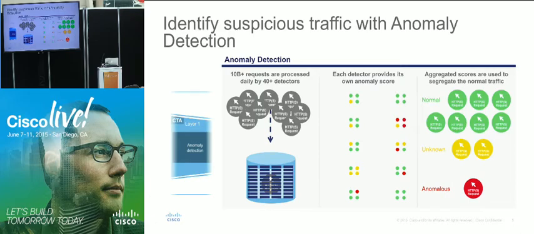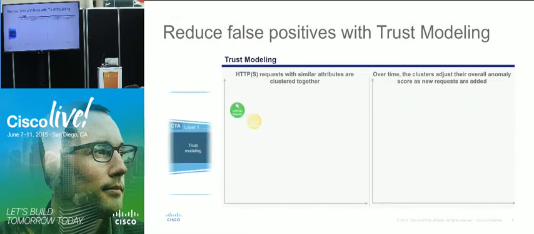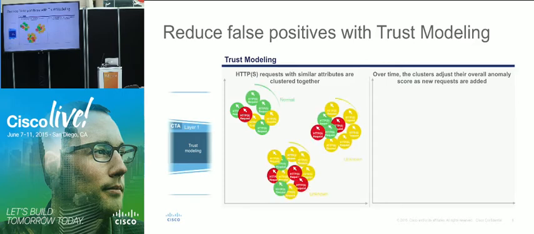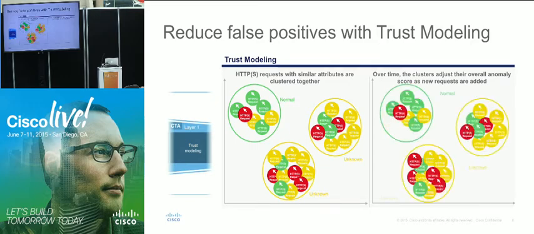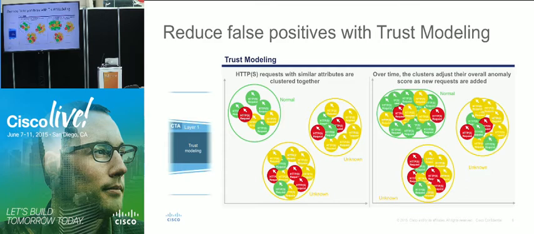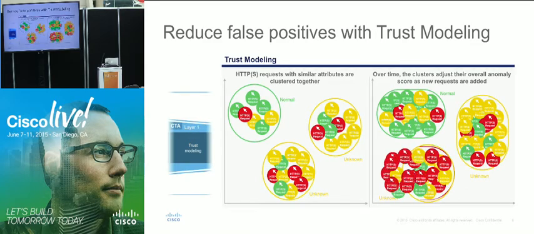So we're going to stabilize that over time in a processing step that we call trust modeling, where we're going to aggregate similar requests together, and over time we're going to form an overall judgment on an entire space of requests. So a certain group of requests we're going to identify as normal behaviors, unknown, or anomalous.